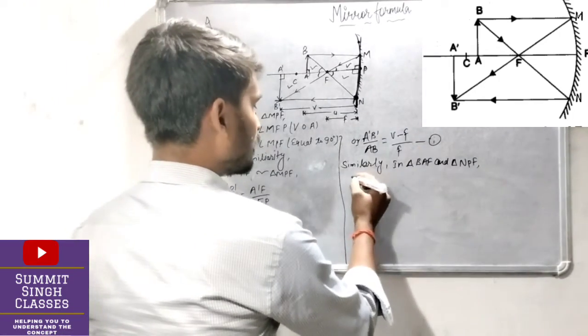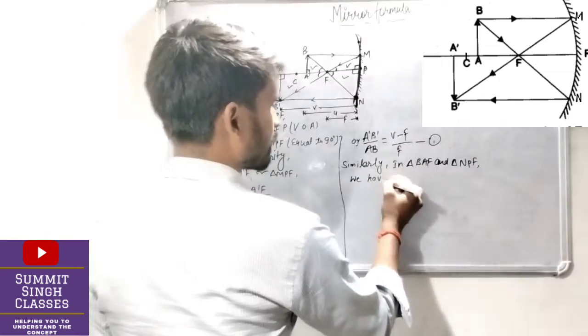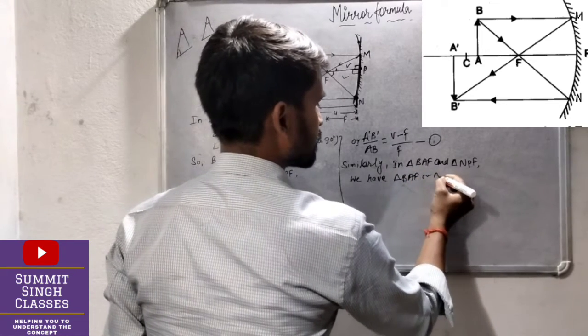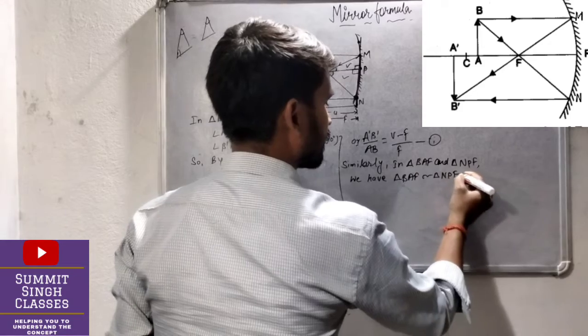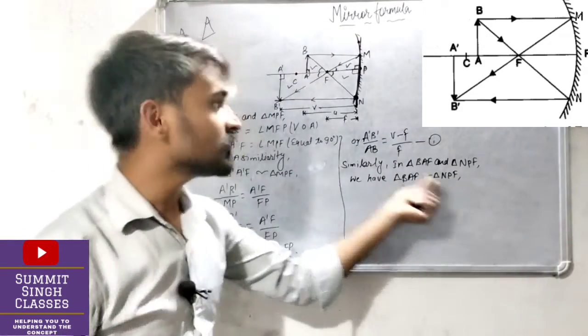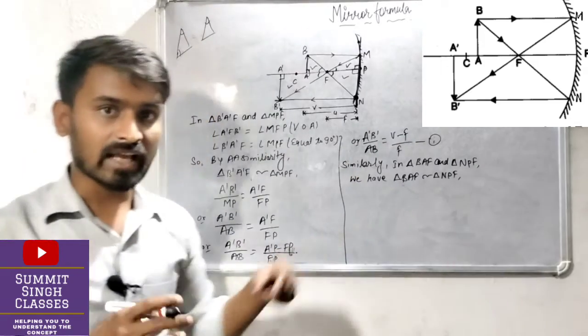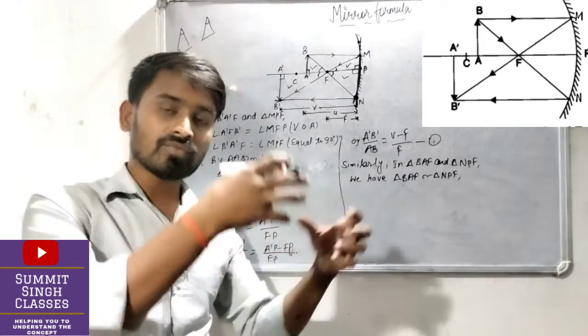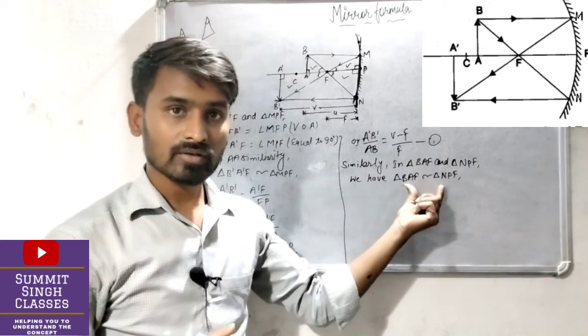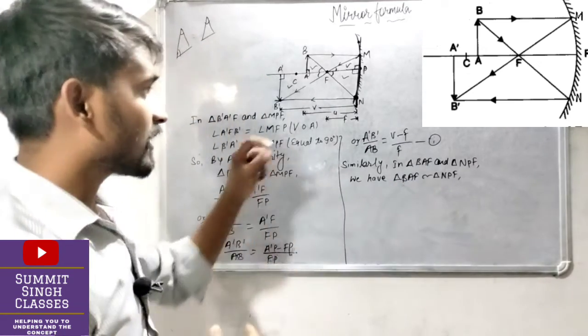So we can say triangle BAF is similar to triangle NPF. Then if two triangles are similar, their corresponding sides are in the same ratio, as we discussed at the very start about the property of similar triangles, and that was what?